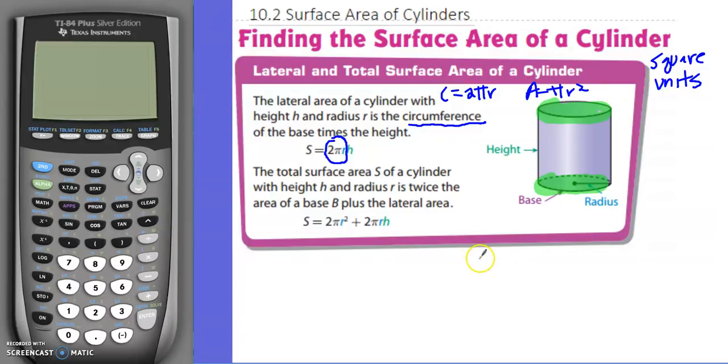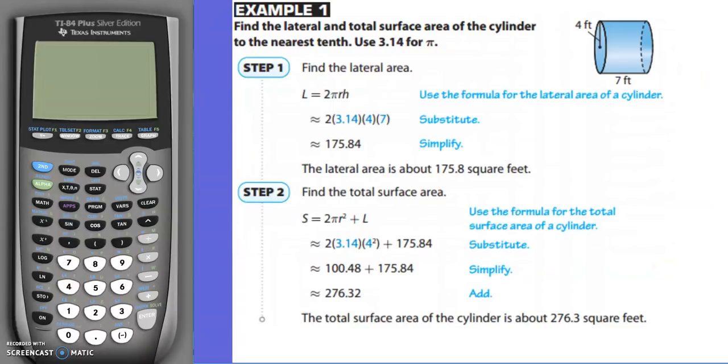So the way that we're going to write it is S equals 2 pi r h plus 2 pi r squared. So the circumference times the height of the cylinder plus the area of the circle times 2, because there are two circles.